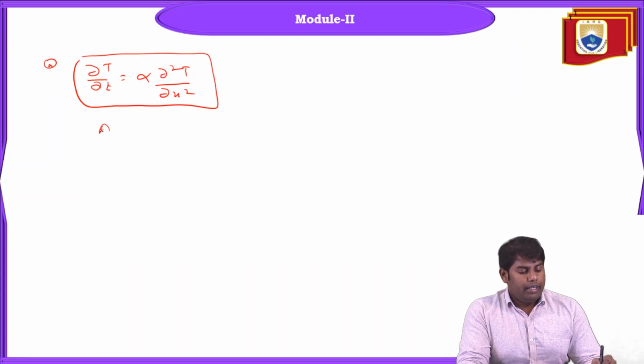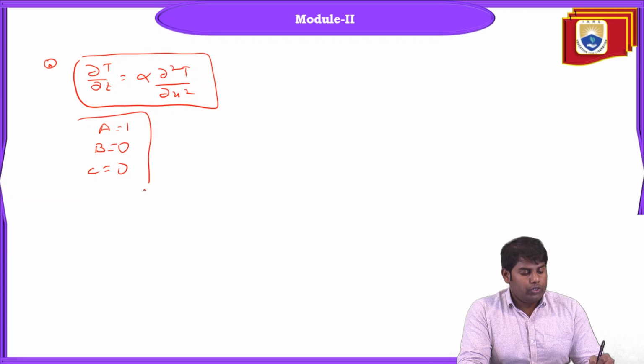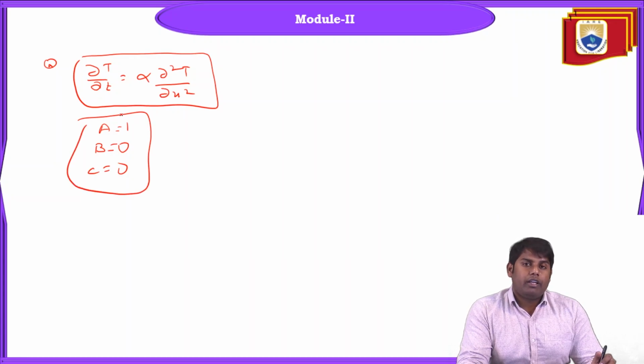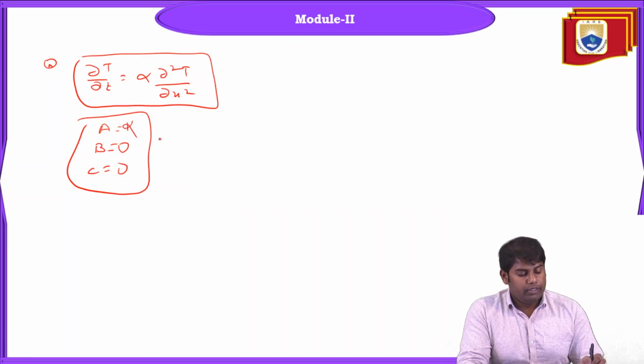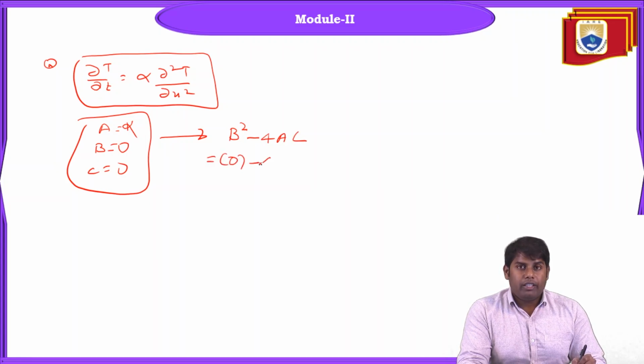Here the A value is alpha, B value is 0, C value is 0, because you don't have any other second order derivative except dou square T by dou x square. So B square minus 4AC is 0 minus 4 into alpha into 0, which is 0. So this equation is parabolic in nature.